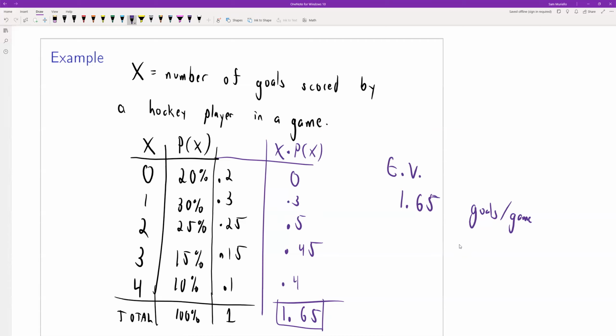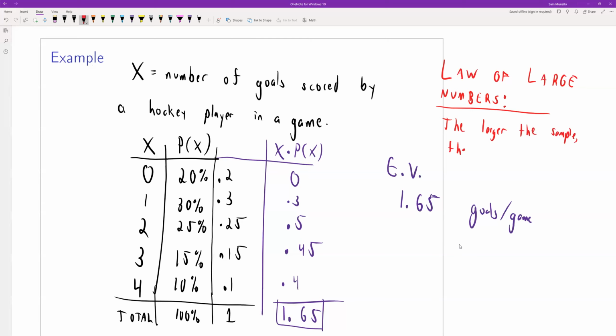This is what's known as the law of large numbers. And I'll write that down here. The law of large numbers says the larger the sample, the more precise the statistics.